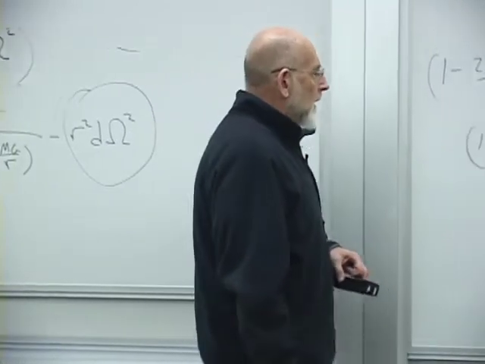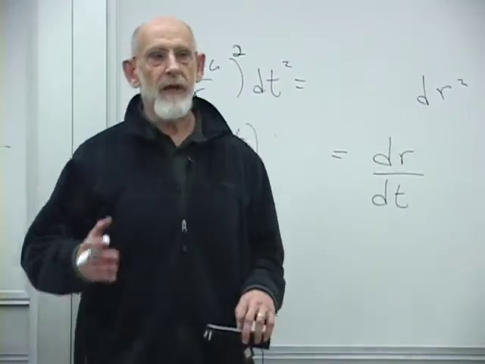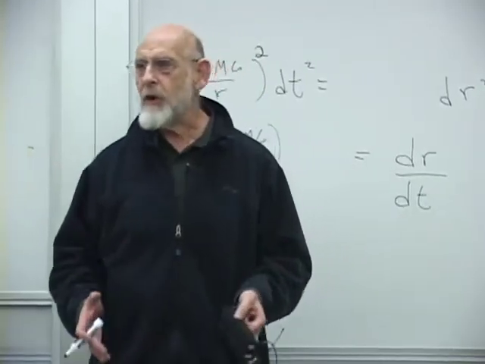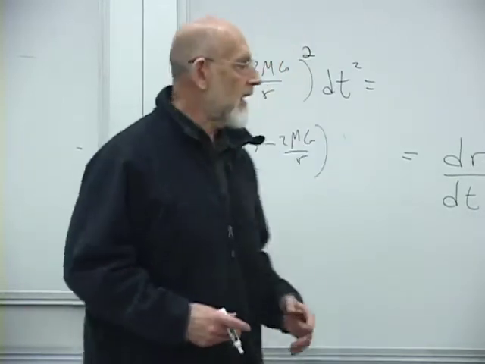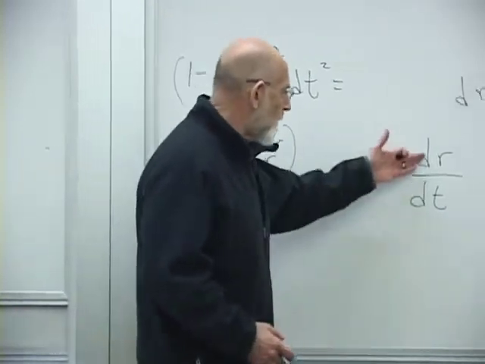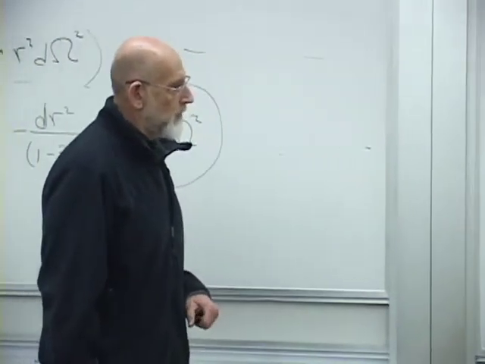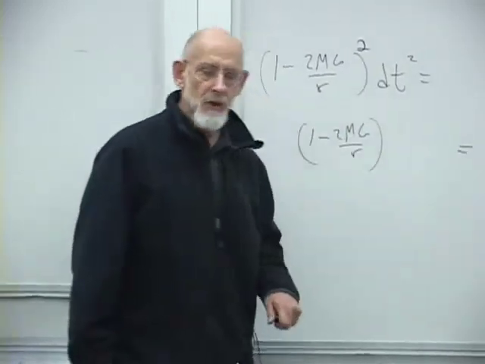Okay. This, of course, is the time rate of change of the radial coordinate. We could call it the velocity in the particular coordinates that we're using. The dr dt, that's the rate of change of the radial coordinate with time, and that's equal to 1 minus 2mg over r.